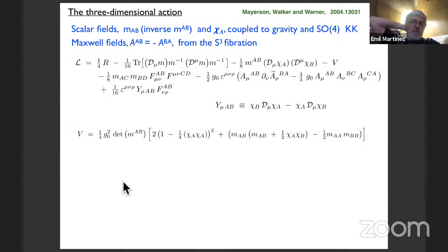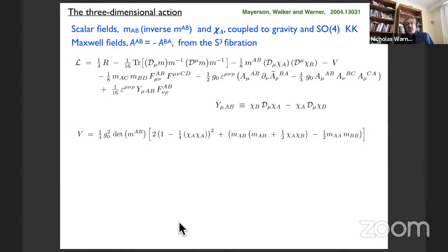So that's the Lagrangian. I'm trying to get a handle on how messy these things are. So, is there any hope that you would be able to compute some small fluctuation spectrum around one of these things? Yes, I think that's doable.